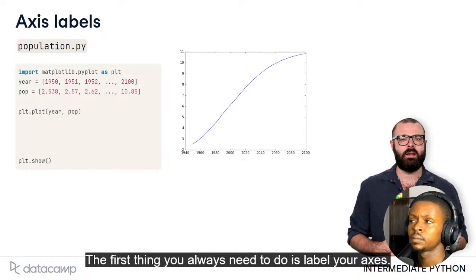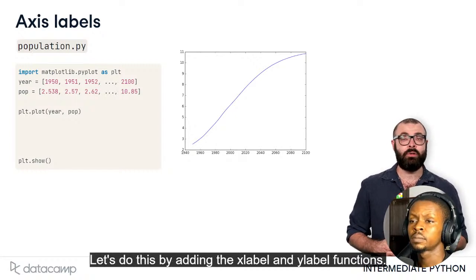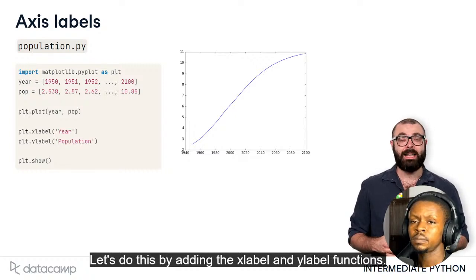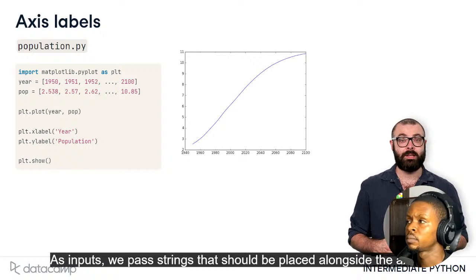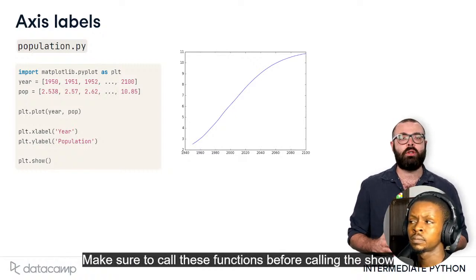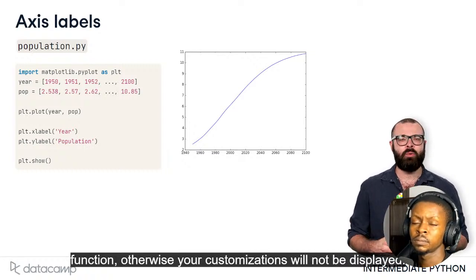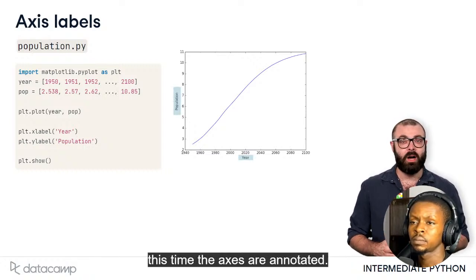The first thing you always need to do is label your axes. Let's do this by adding the xlabel and ylabel functions. As inputs, we pass strings that should be placed alongside the axes. Make sure to call these functions before calling the show function. Otherwise, your customizations will not be displayed. If we run this script again, this time the axes are annotated.